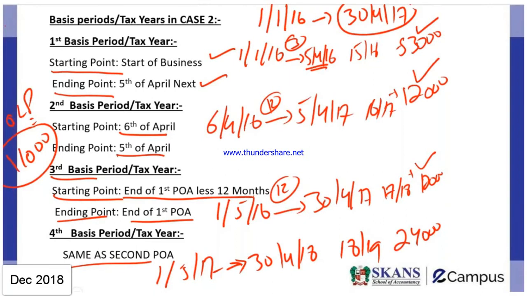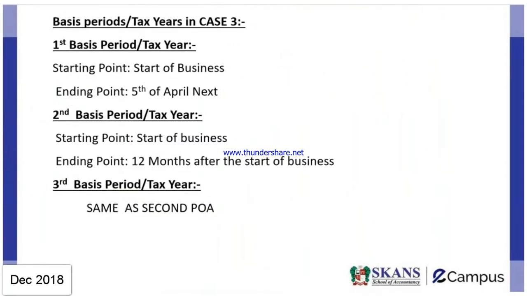Now we come to case 3. Case 3 says that the starting and ending dates of the first period of account are in different tax years and the length of the period of account is less than 12 months, as in our example.